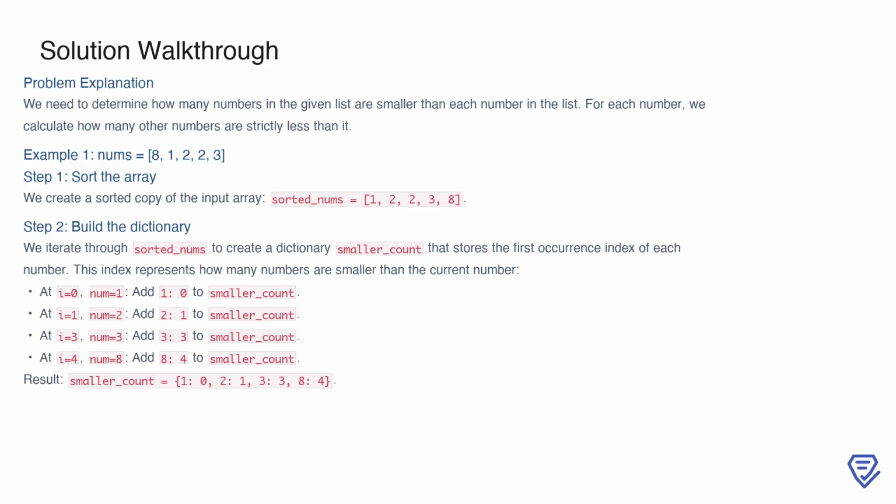We skip duplicates, so the next new entry is at index 3, where we add (3, 3). Finally, at index 4, we record (8, 4). The resulting dictionary is smaller_count = {1: 0, 2: 1, 3: 3, 8: 4}. This dictionary now tells us how many numbers are smaller than each unique number in the original array.